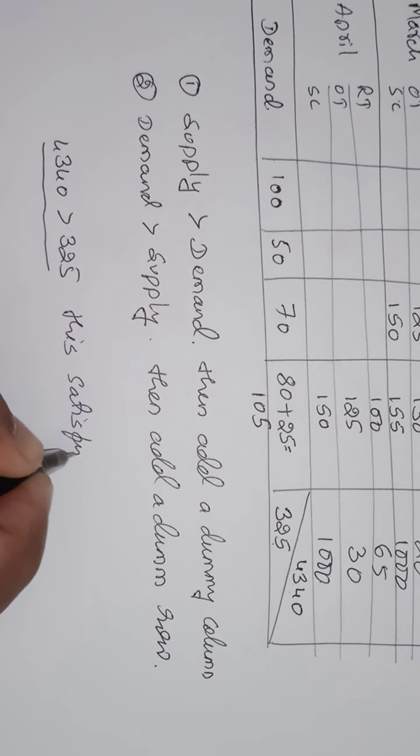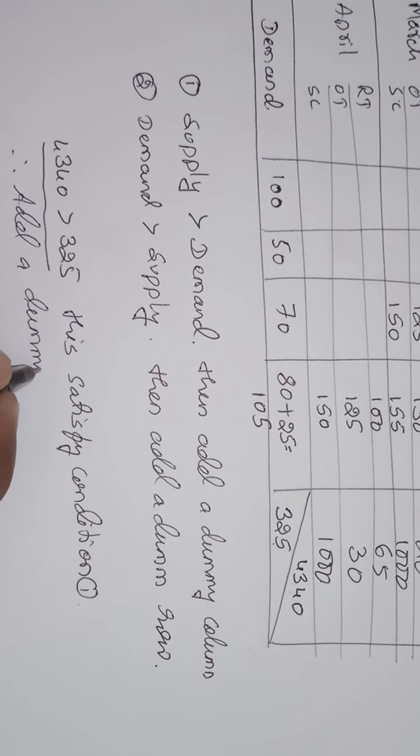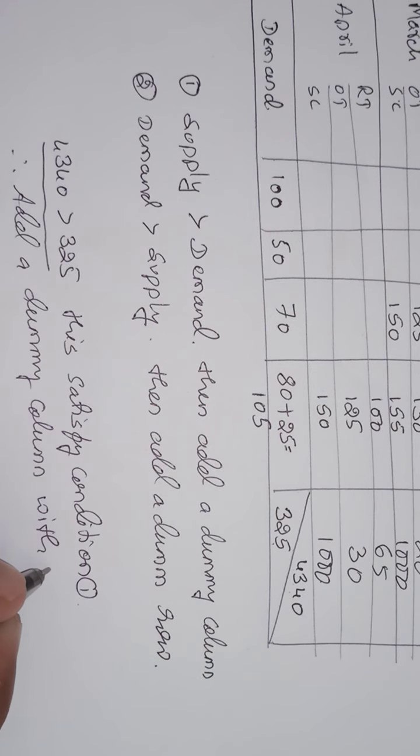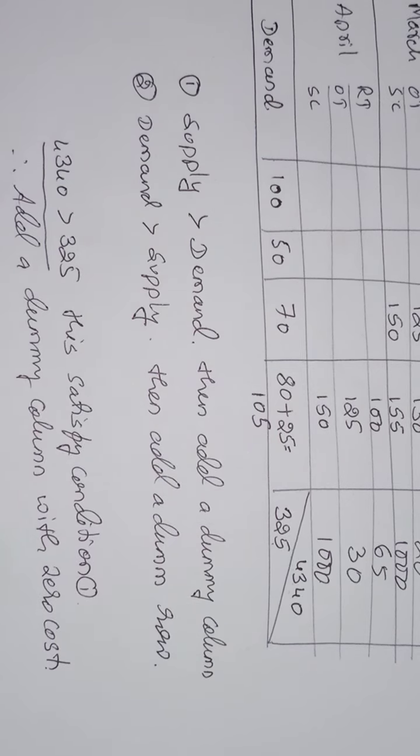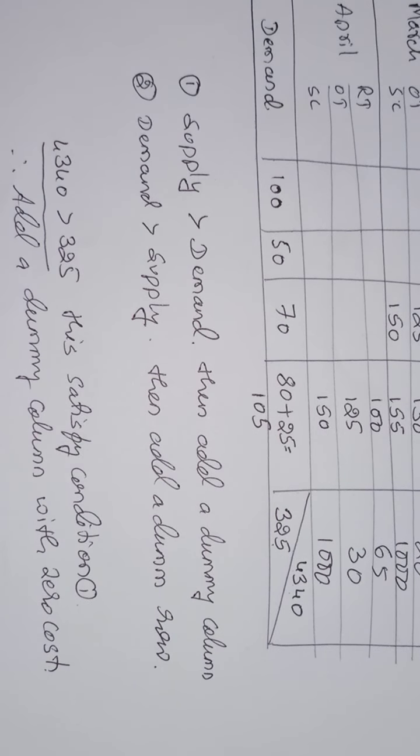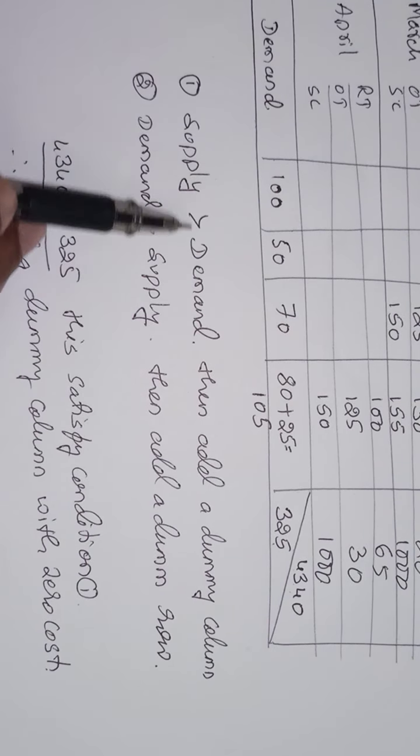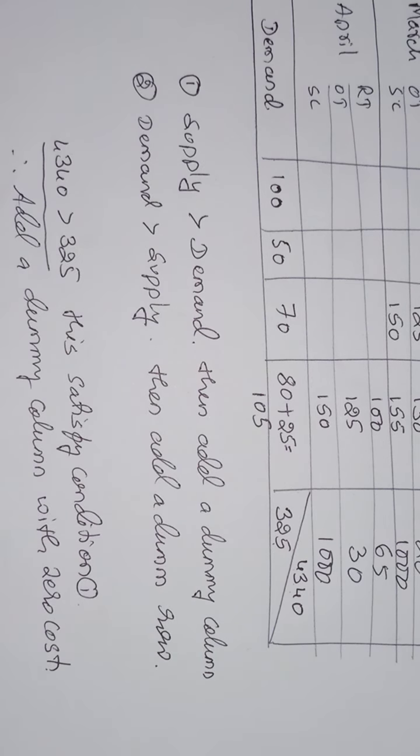Therefore add a dummy column with 0 cost, right? This is clear. If supply is greater than demand, add a dummy column. If demand is greater than supply, then add a dummy row.